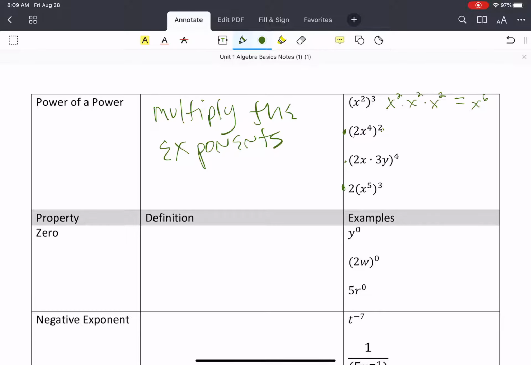So when we multiply our exponents, we have to make sure we do it to everything in the parentheses. What's the invisible exponent on the 2 right now? 1, right? So we'll have to do 2 squared and x to the 8th, which would be 4x to the 8th.